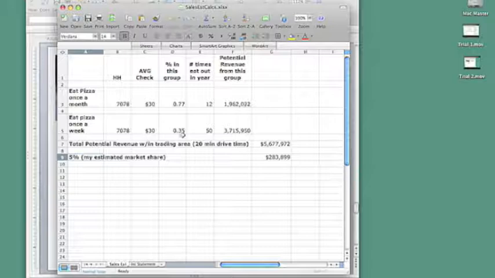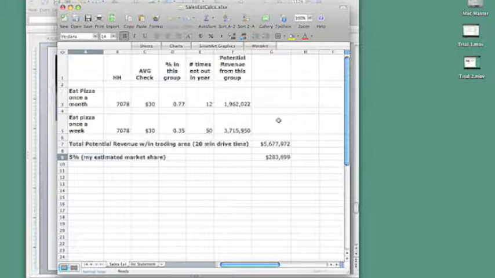And then we do the same thing for these people who would eat pizza once a week. Total number of households, we need to reduce it to this 35%. Average check is $30. Average number of times, 50 times they would spend that $30, but it's only 35% of these people. If you multiply all this together, these people account for almost twice as much, almost $4 million in potential revenue.